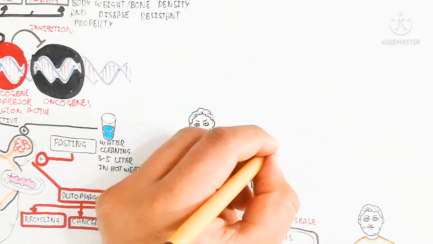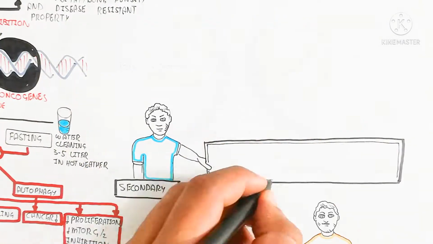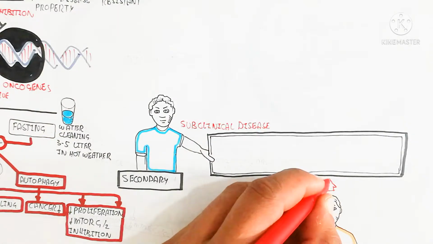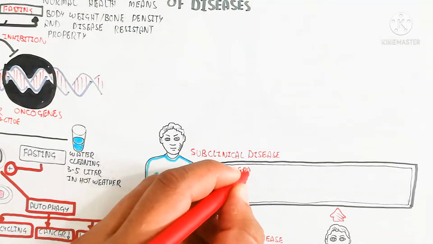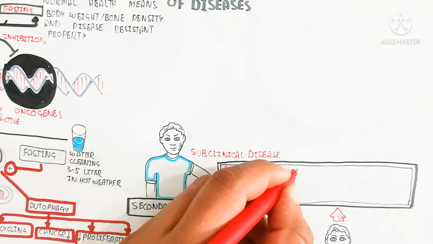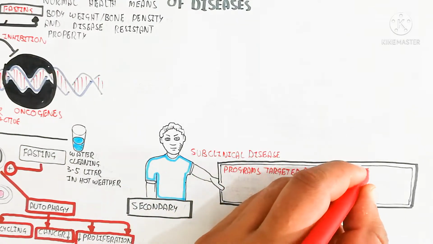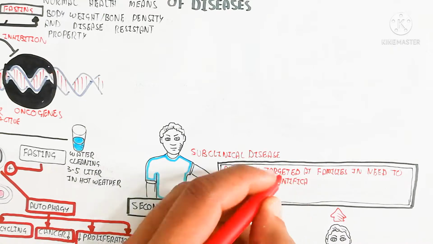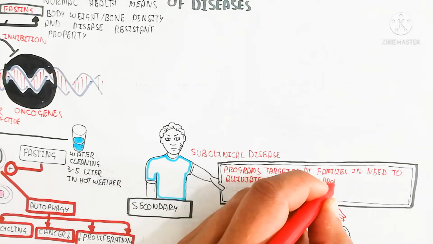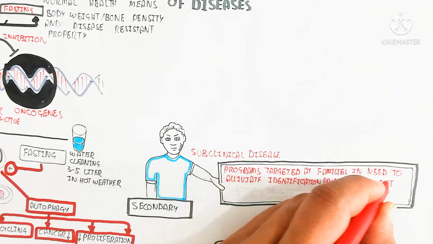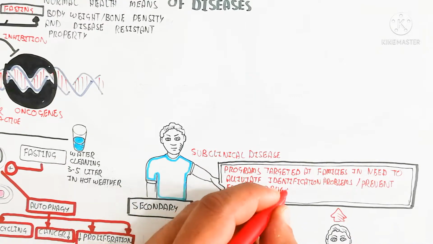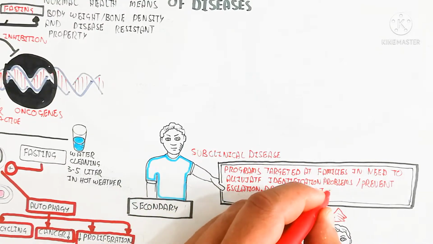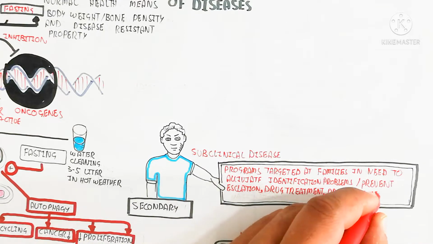The next step is secondary, subclinical disease. Here the programs are targeted at families in need to alleviate identified problems and prevent escalation: drug treatment, and preventive measures such as vaccination.